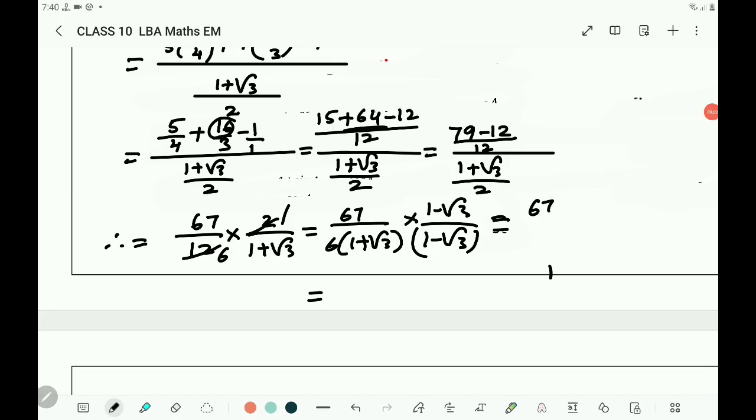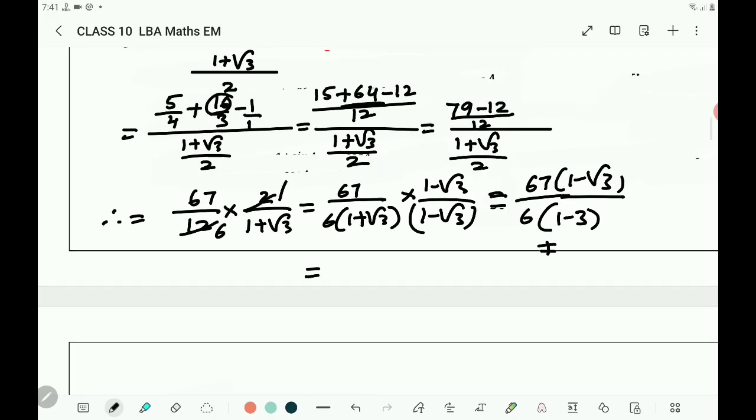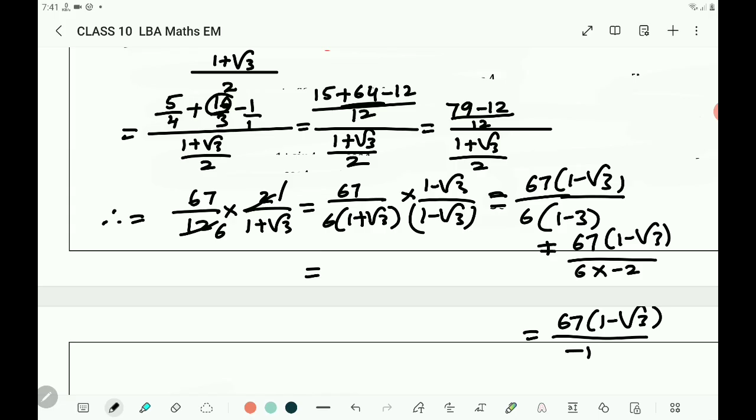67 by 6, here it is 1 minus root 3 by, use the identity, 1 plus root 3 into 1 minus root 3 is 1 minus 3, equals 67 into 1 minus root 3 by 6 into minus 2. 1 minus 3 is minus 2, which equals 67 into 1 minus root 3 by minus 12.